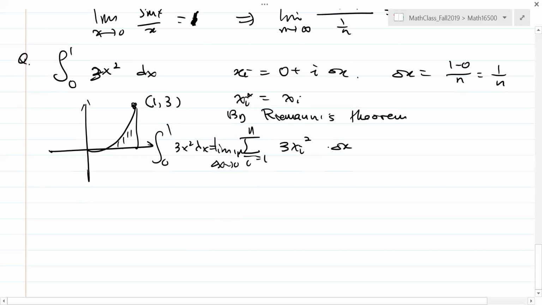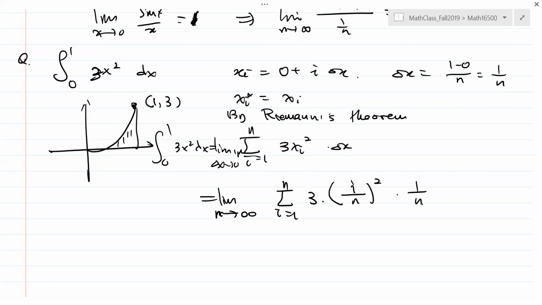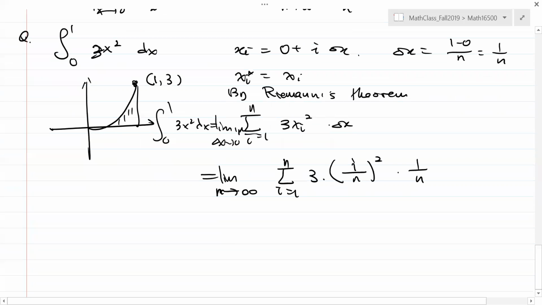So in order to evaluate this definite integral, you just need to find the limit. Okay. So how to find the limit? xi is going to be i over n squared. Delta x, it's 1 over n. Okay, so let's continue.